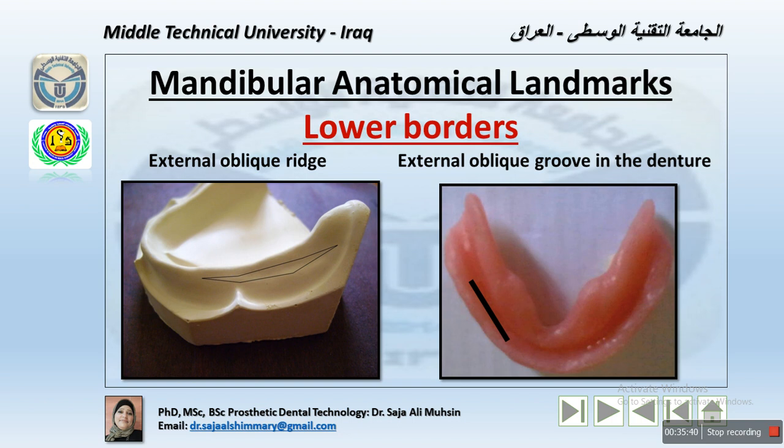Now, the external oblique ridge provides an external oblique groove in the denture. This is a bony structure and muscle attachment site that should not be included in the denture-bearing area. Now, why should it be excluded? It is a bony structure like a knife, and as I said previously, many theories consider part of it.